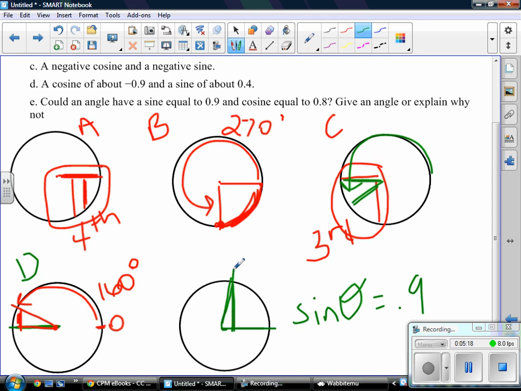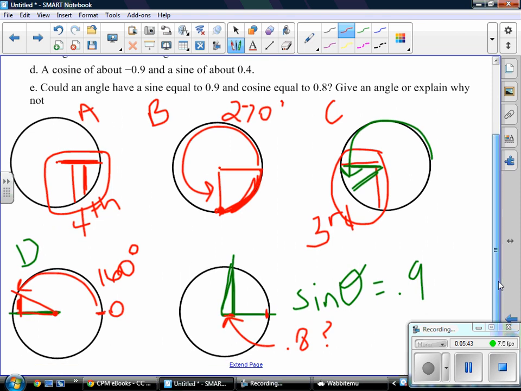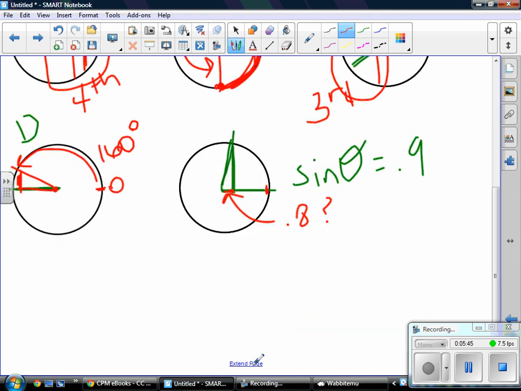Now what this question is asking us, focusing on cosine, we weren't sure. Is this little distance right here about 0.8? Is it possible to have that short little distance be about 0.8? Now 1 would be all the way from the center to the end over here. So is that possible? No. If I have a high amount for my sine, that means it's going to be a really steep triangle.